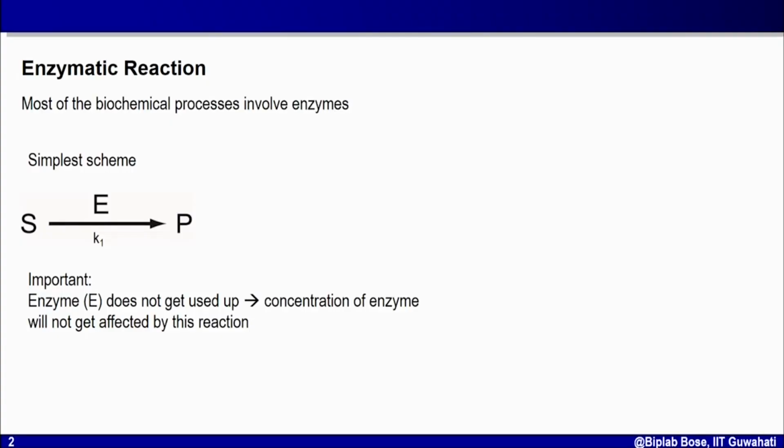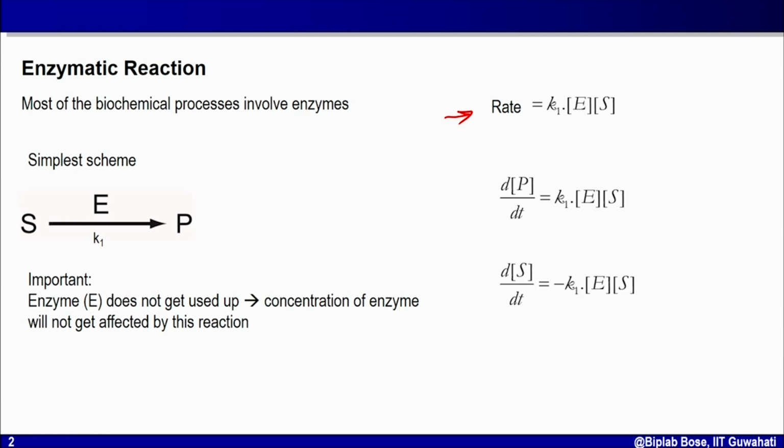Now if we keep that in mind, and if we do not look into any mechanistic aspect of how this particular enzymatic reaction is happening, then I can simply write an ODE which will be very simple, following the law of mass action. Eventually the rate of the process is equal to K1 into E, the enzyme concentration, and the concentration of the substrate S. Using this rate I can formulate the ODEs.